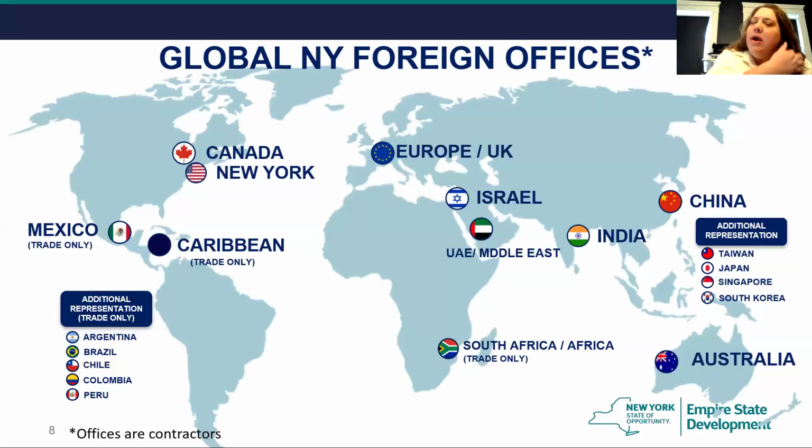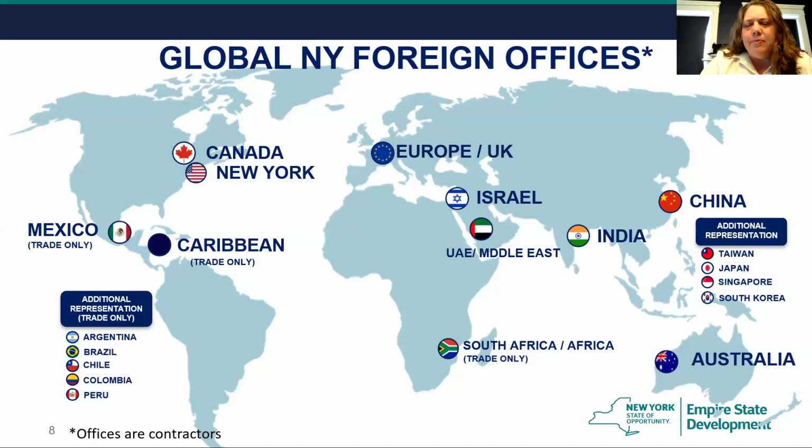So Global New York, in addition to our team locally here in New York, we also contract with a number of personnel across the world. We now have new offices, so we are able to offer market research services in 187 countries, and through these different sort of headquarters offices that you see here.